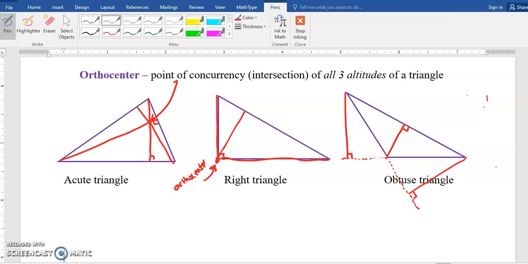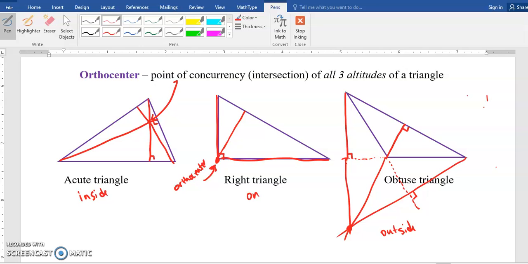And they don't meet, but if we extend these, they actually meet out here. So in an acute triangle it's inside, in a right triangle it's on the triangle, and in an obtuse triangle it's outside.